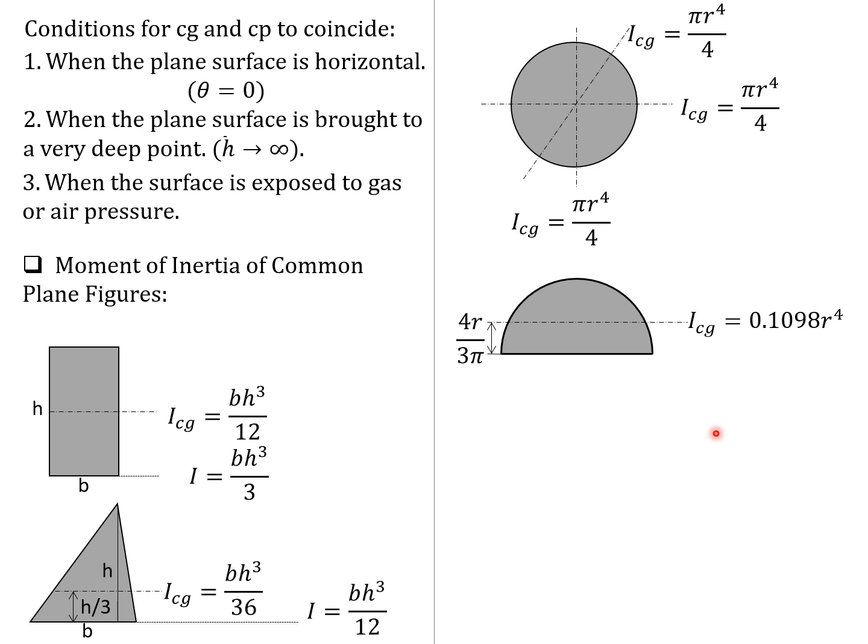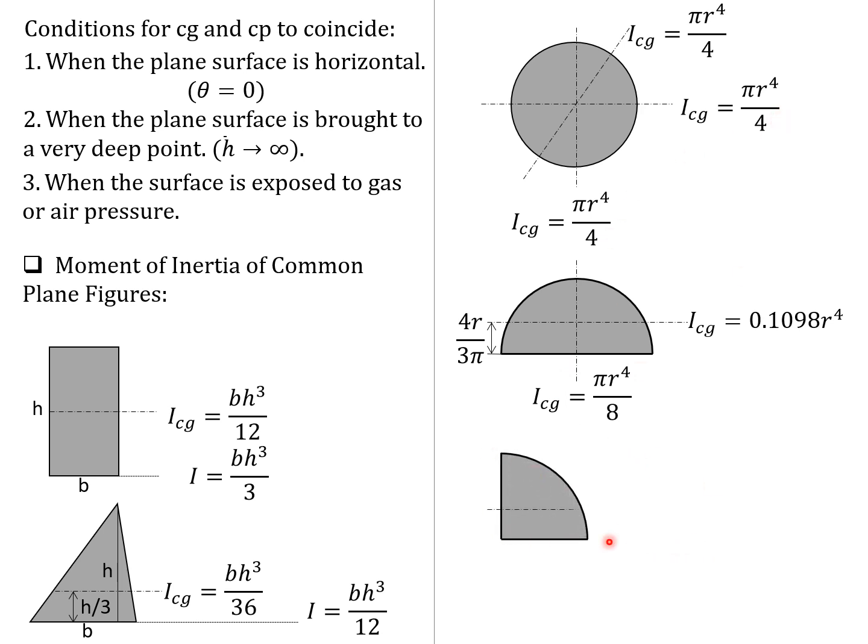With respect to the base it is pi r to the fourth over 8. And with respect to the vertical axis through the centroid, it's the same because it's just like two quarter circles about this axis. So it is pi r to the fourth over 8, or 1/2 of pi r to the fourth over 4 for a circle.